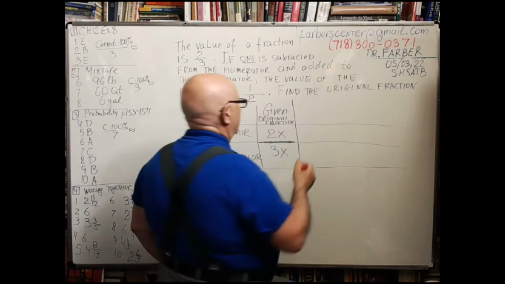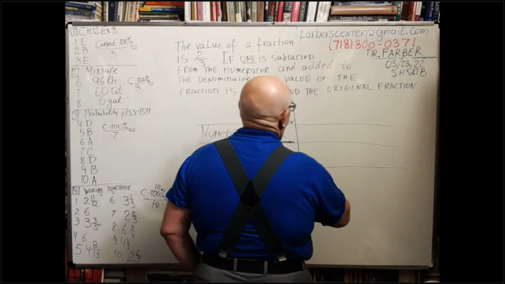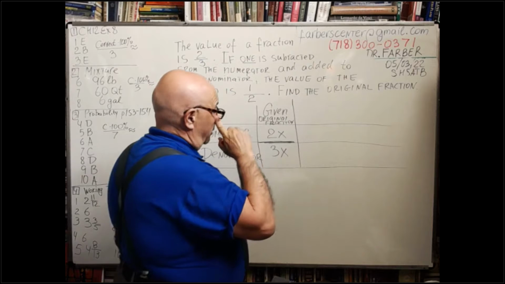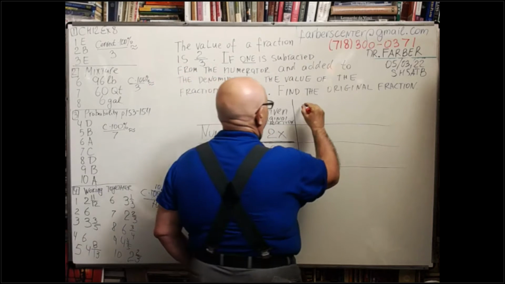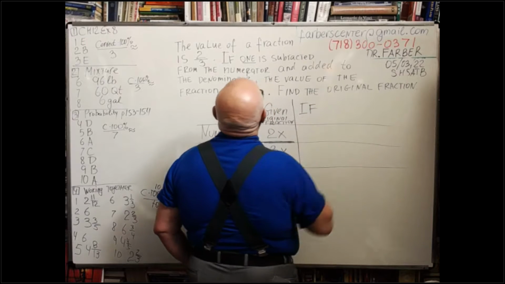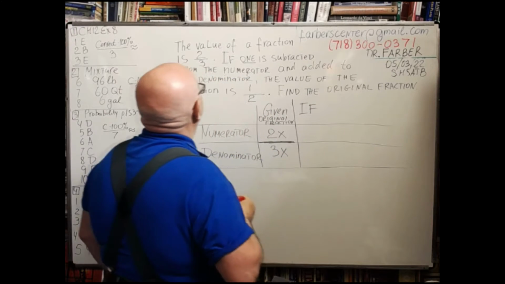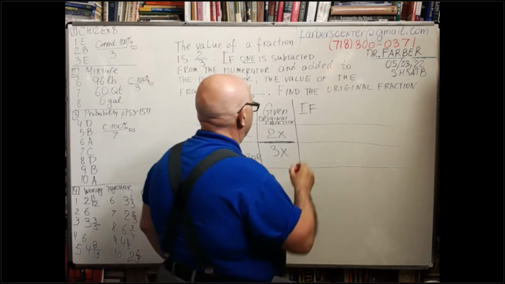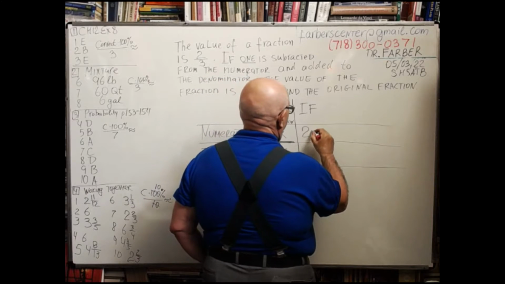Now I use another. Don't write too much here because it's not creative writing. The second I would write is the if. If 1 is subtracted from the numerator, it will be 2x minus 1.